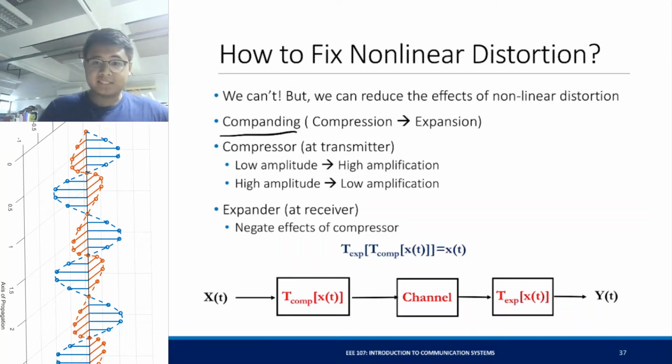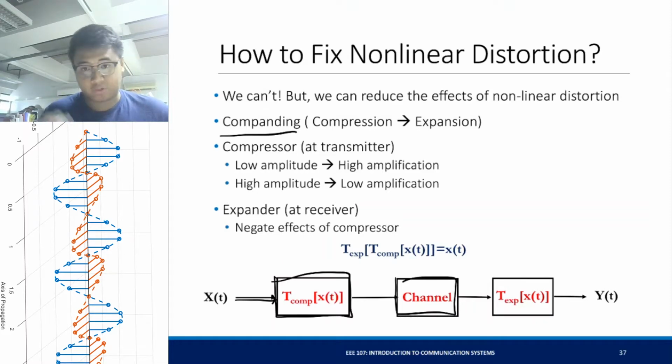You compress the signal at the transmitter and expand it at the receiver. So we have a nonlinear system here at the input where we compress the signal, pass it through the channel that is not forgiving, and then expand it at the output. So the expander at the receiver must negate the effects of this compression.